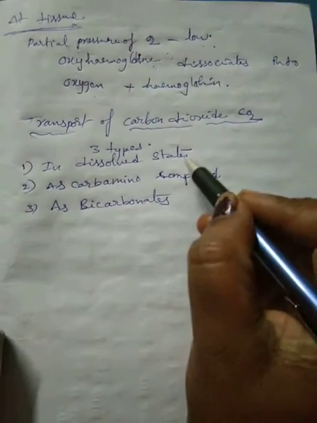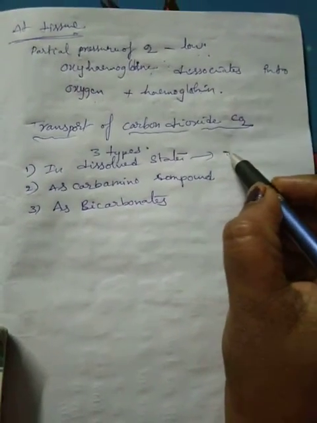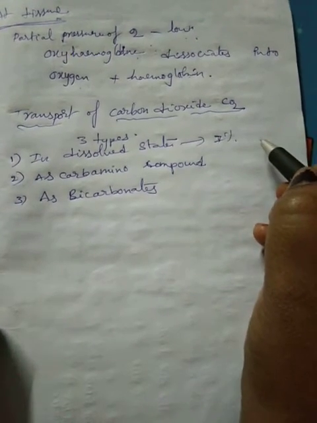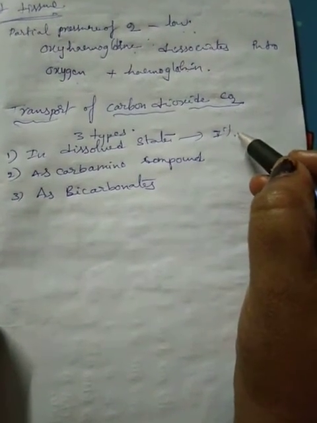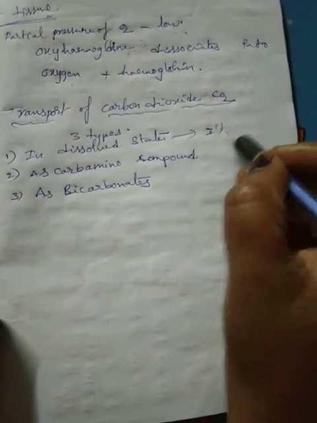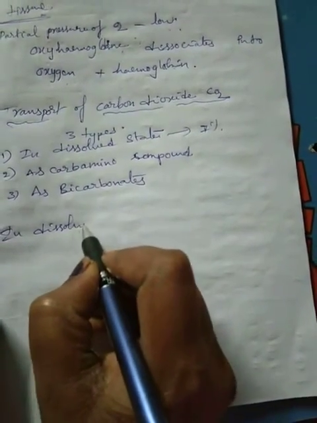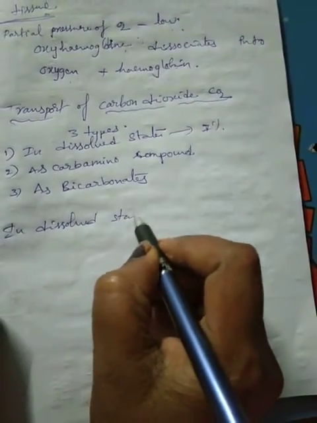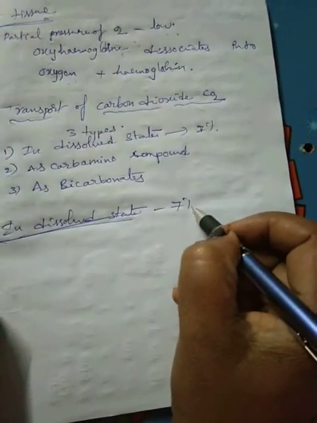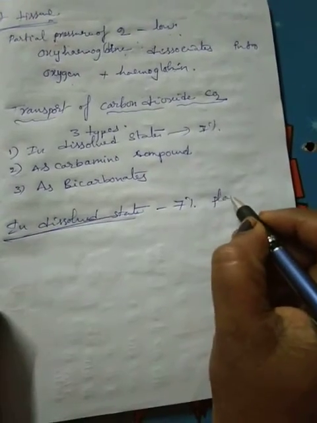So the first one is the dissolved state. 7% of CO2 is carried in dissolved state through the plasma.